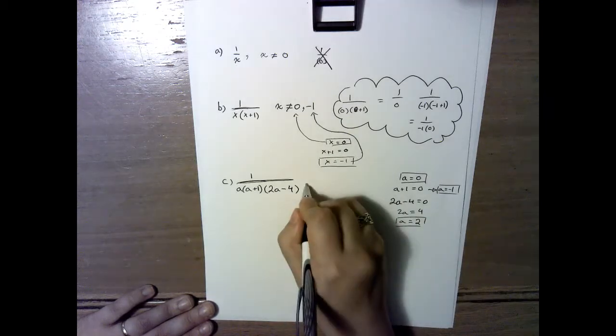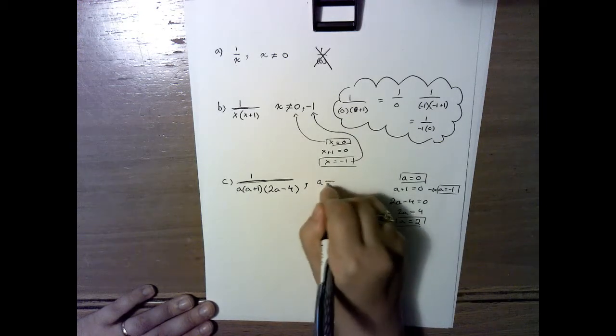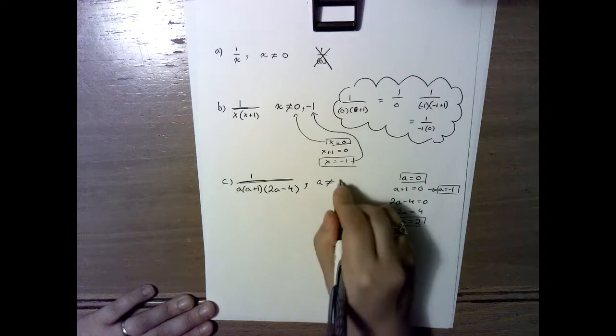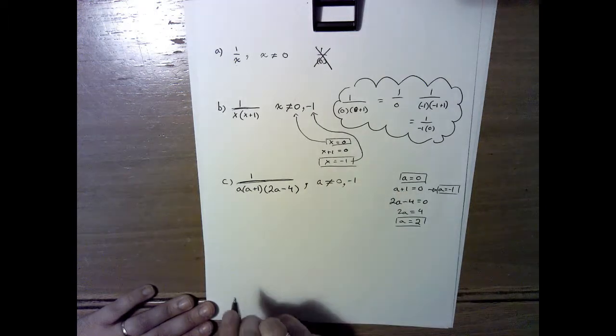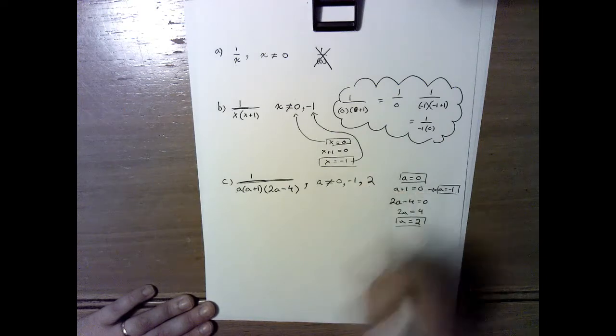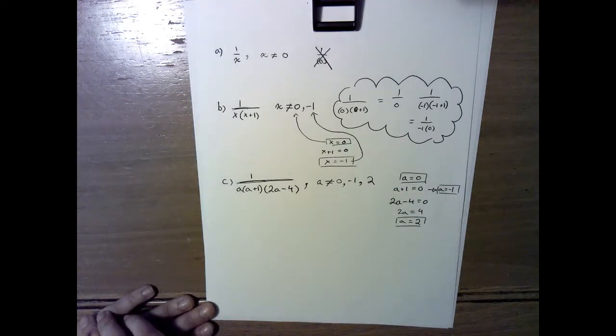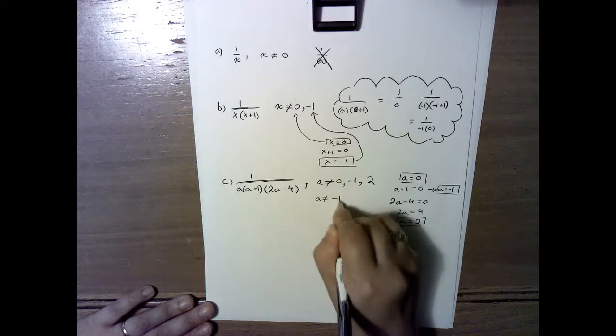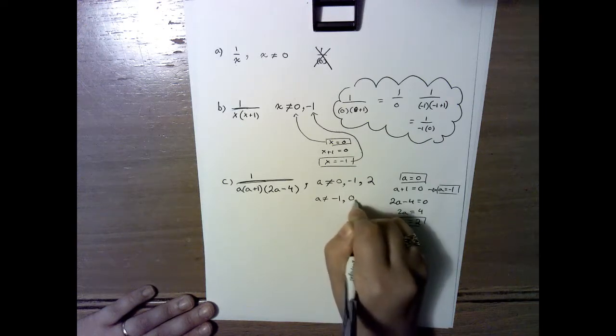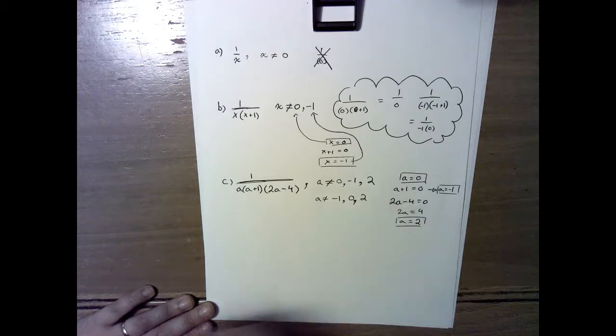So when I'm stating my restrictions, I have a cannot equal 0, negative 1, or 2. And it doesn't really matter what order I put these in, but sometimes I like to order them as well. So I'll have negative 1 first, then 0, then 2, just to communicate the idea of the restrictions in a slightly more orderly manner.